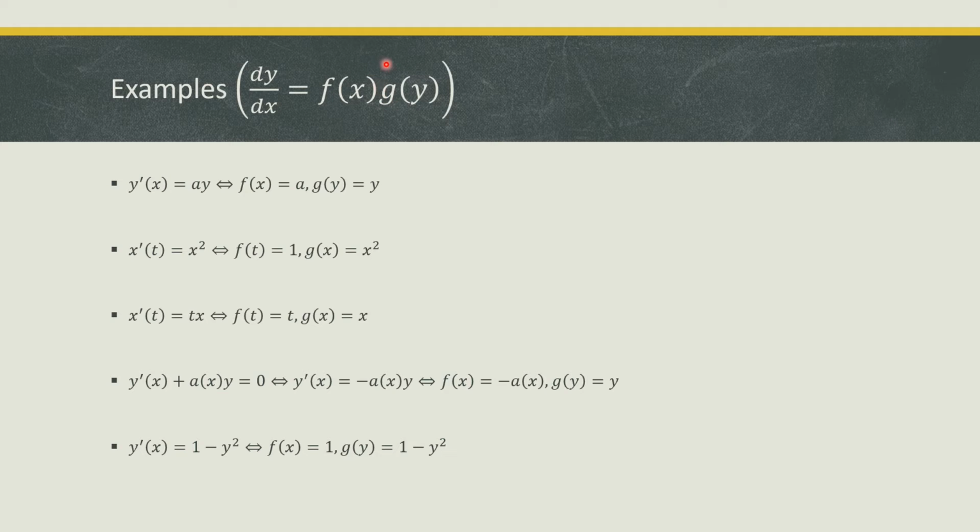It cannot be addition or subtraction, and therefore we cannot have g of y equals y squared and f of x equals 1. We cannot have that because that is going to be separated by addition or subtraction. So 1 minus y squared must come together. It's one factor, and f of x must be a constant in this case.